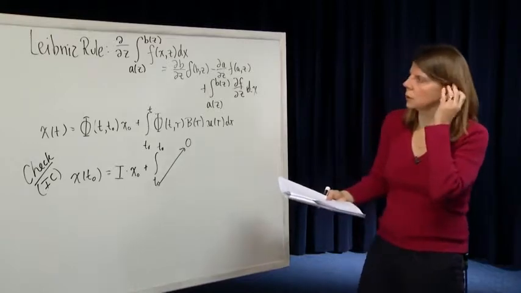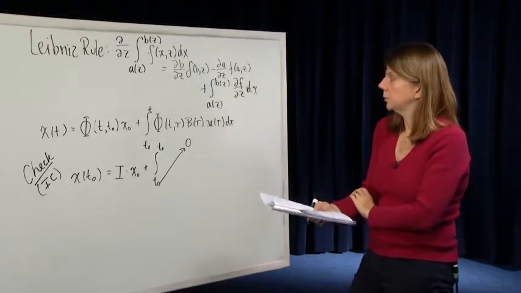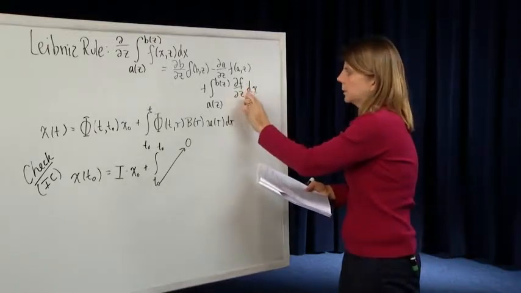Okay, so we have three terms, depending on the limits of the integral and then the integral itself. Okay, so how do we apply this to the system?